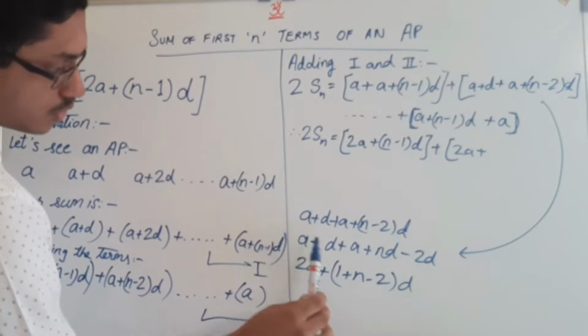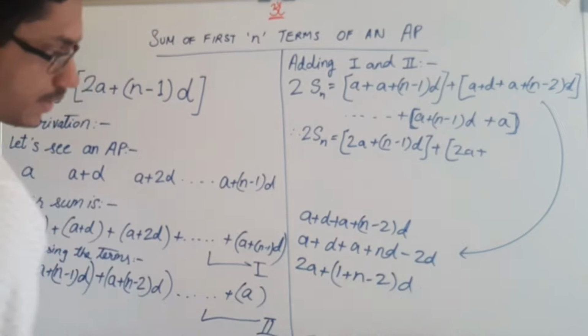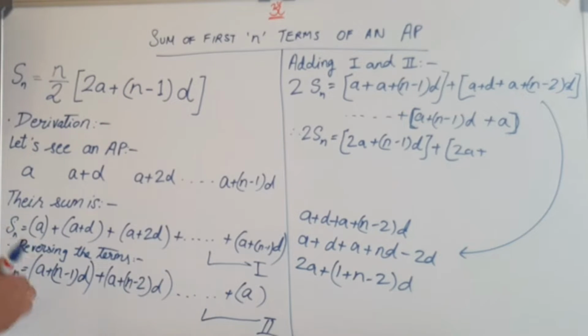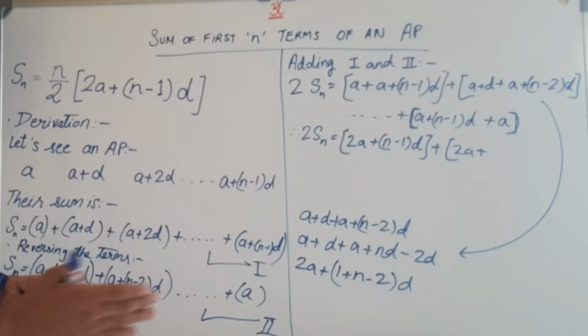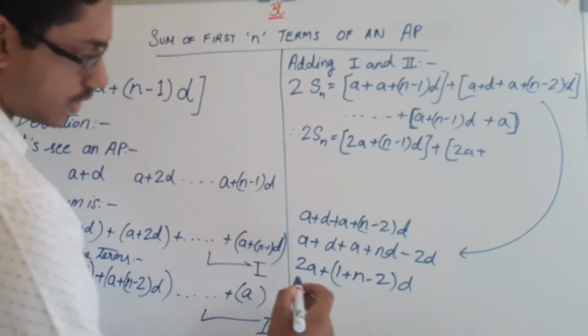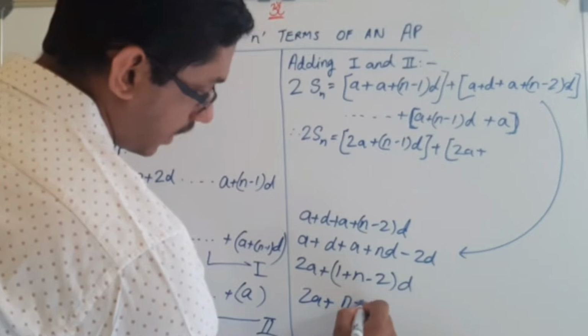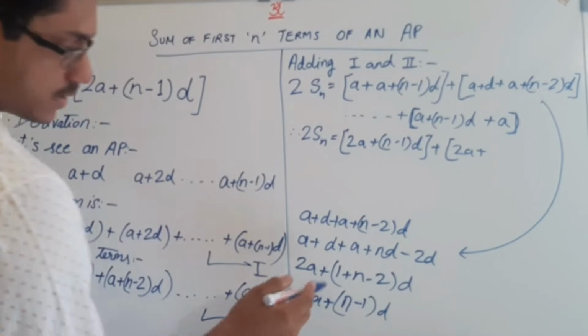Then what we will have to do? d plus nd plus minus 2d. This we will have to do. So I took out d and took all the other numbers and letters in a bracket. This is what I did. So what is the answer? 2A plus n minus 1 d. This is the answer.